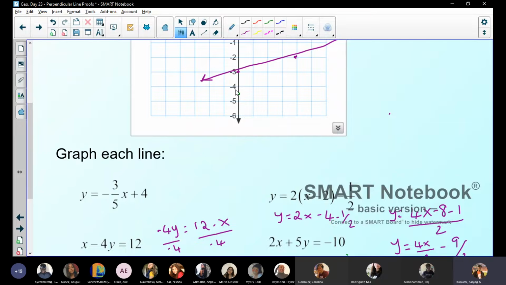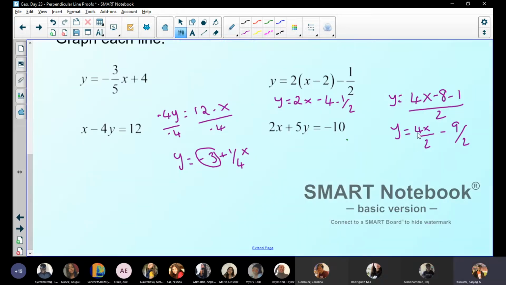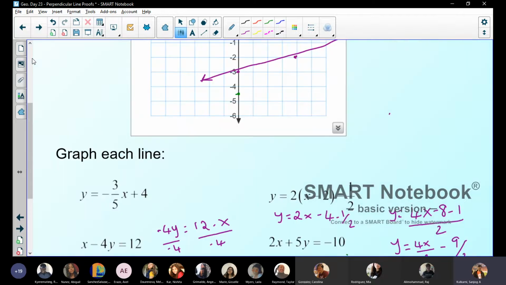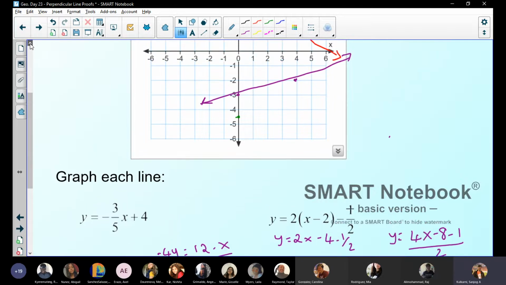And I have a slope of +4/2. So if I go 4 units up, 1, 2, 3, 4, and +2, 1, 2. So this is the point.